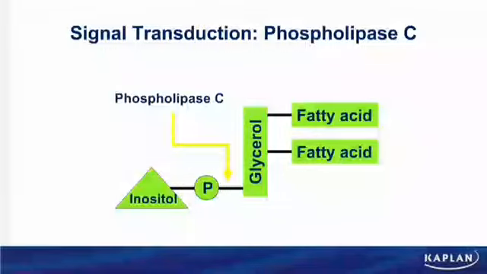In fact, it's not a bad opportunity for you to review the different types of phospholipases here. If I ask you, what is the phospholipase that cleaves off the first fatty acid here at the top of the diagram? That would be phospholipase A1. What's the name of the phospholipase that cleaves off the second fatty acid? Well, that's phospholipase A2.